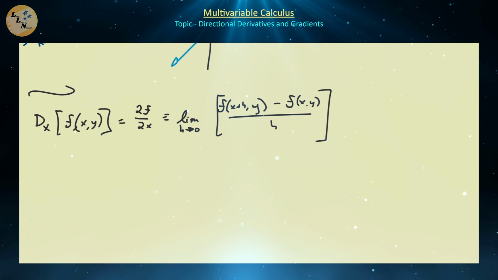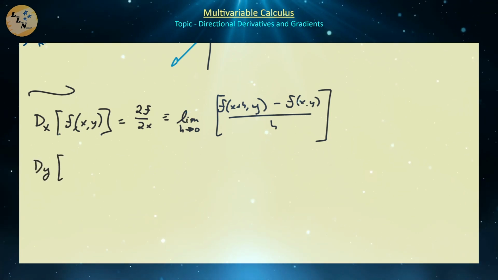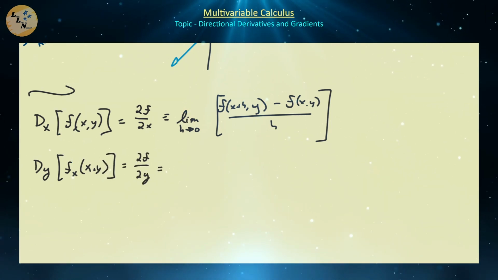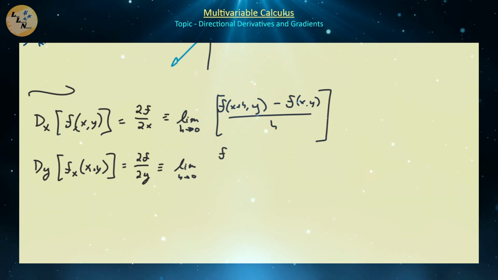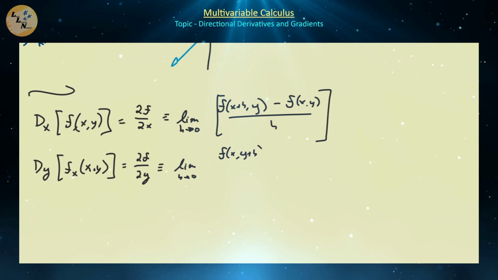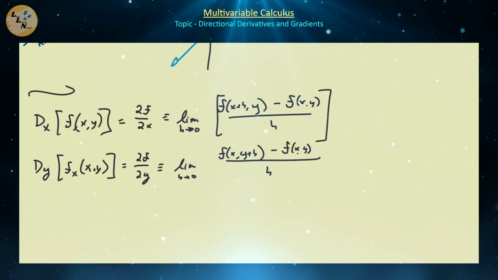Right? And similarly, the partial derivative with respect to y, which we're going to denote as d sub y of f of x y, often abbreviated as partial f partial y, is defined to be equal to the limit as h approaches 0 of f of x y plus h minus f of x y, all over h.